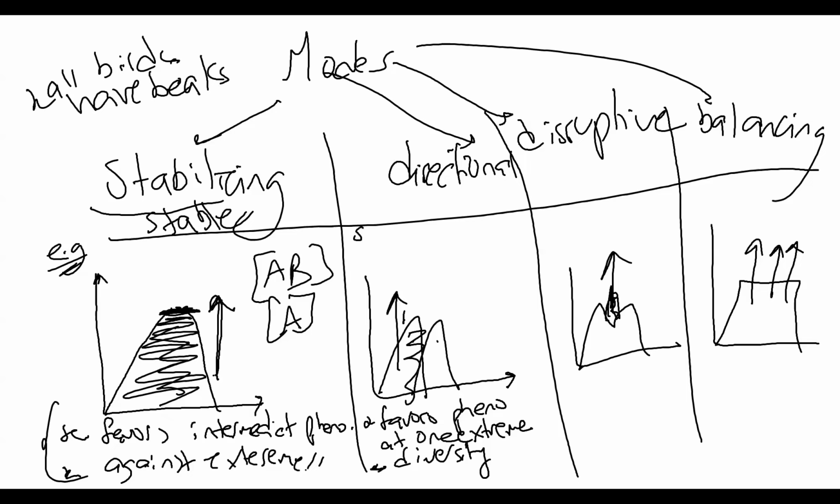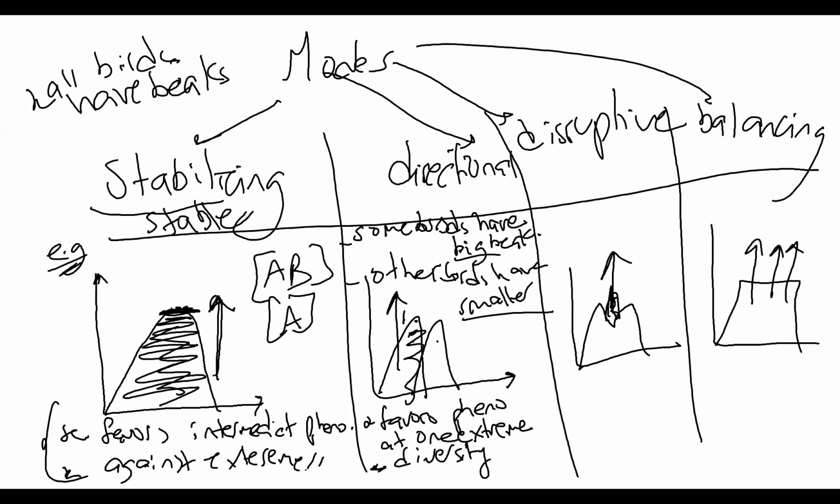Some birds have a big beak, other birds have a smaller one. Let's say eagles. Eagles are a type of bird, but they have bigger beaks, and some other birds have smaller beaks. Why is this? It's because there is a directional selection happening here. Directional means we have one big, one small. So here we have two: the big and the small.